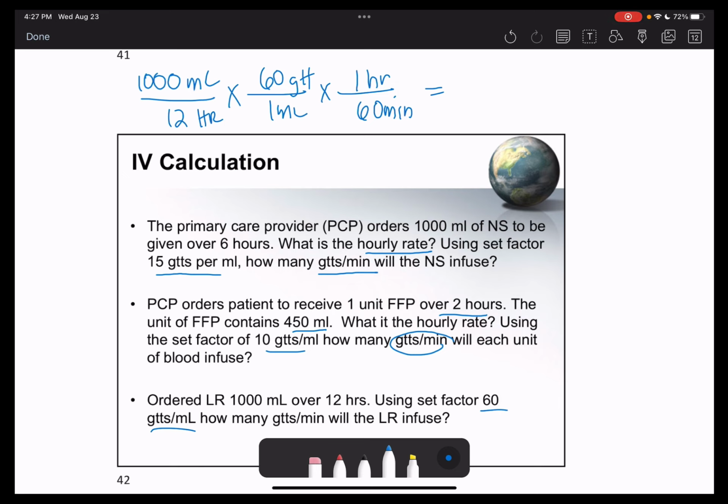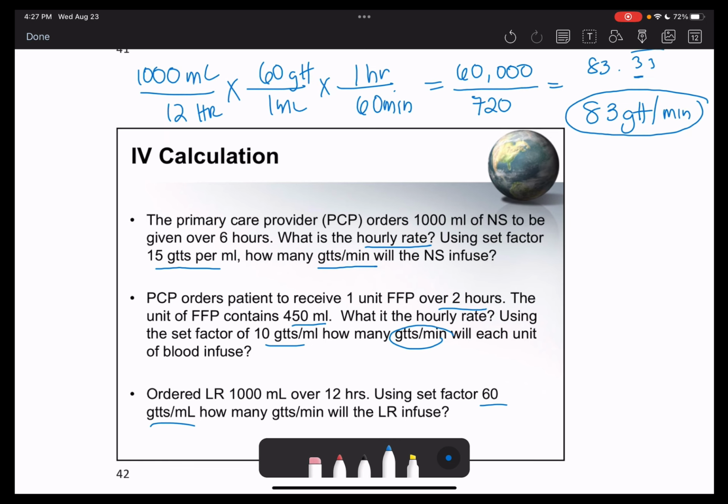So when you multiply across, 60,000 over 12 times 60, that would be 720. And your answer is 83.333 and so on. Again, we need to round it to the nearest whole number. So because this is less than 5, we're going to round it to 83 drops per minute.